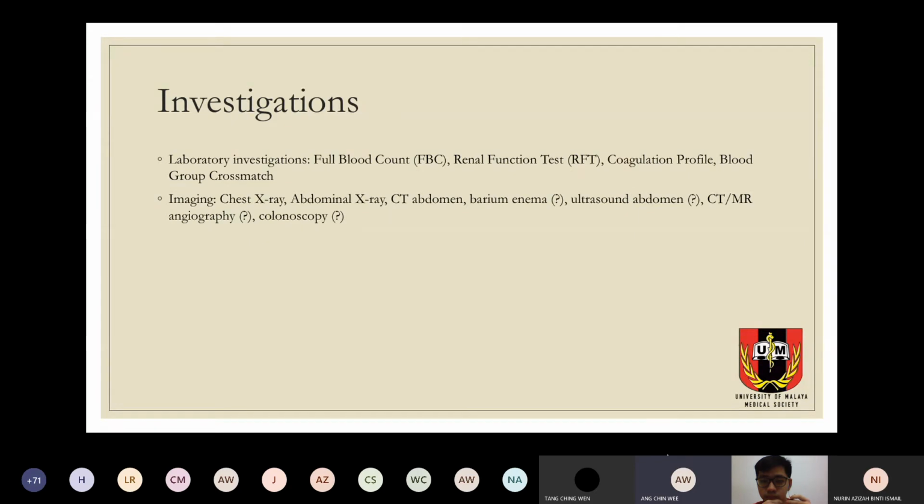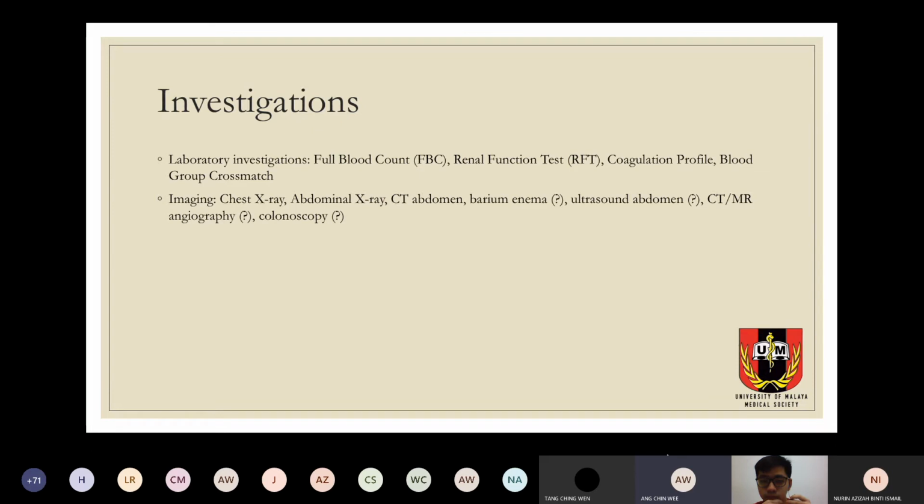When it comes to investigation, it goes back to which investigations would help you to come to diagnosis and management. There are many modalities in investigations and you cannot do it all. If you read a textbook, it will give you many things.